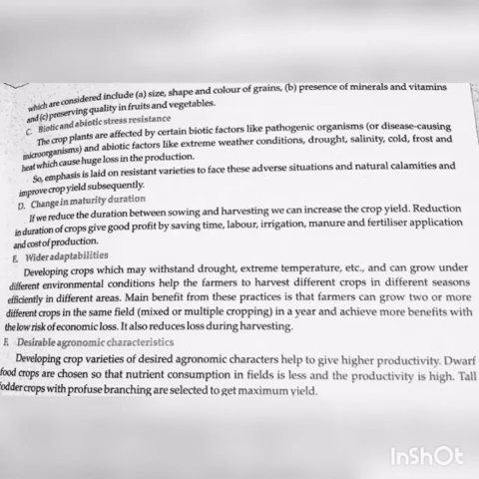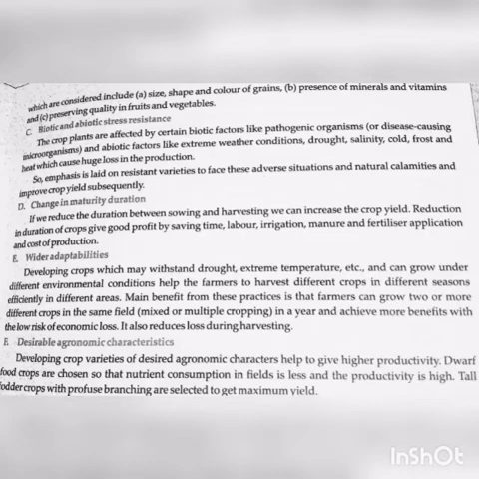Next step is biotic and abiotic stress resistance. The crop plants are affected by certain biotic factors; biotic means living things, like pathogenic organisms. Pathogenic organisms means disease causing microorganisms.